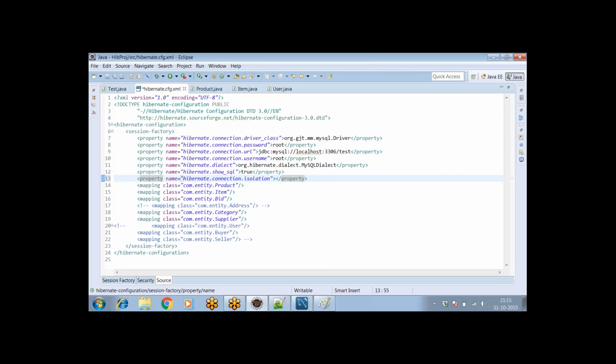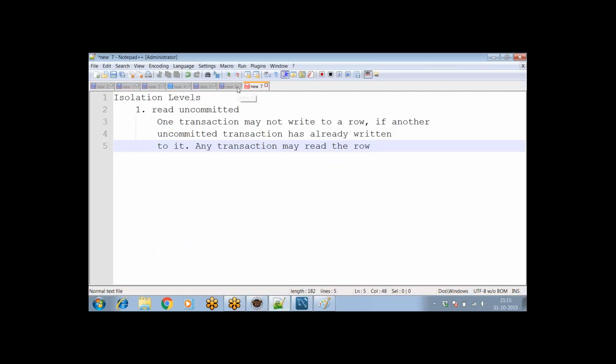That property value should be 1. If it is 1, it indicates that the isolation level is set to read uncommitted.